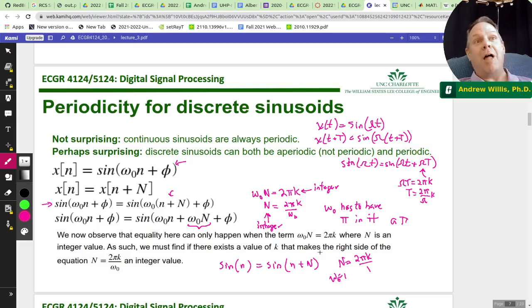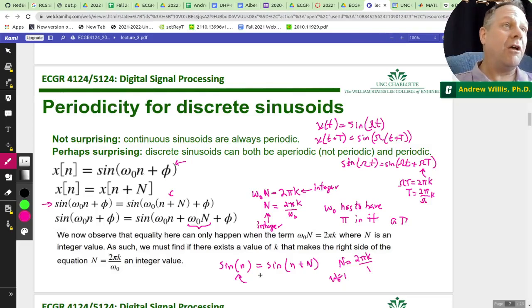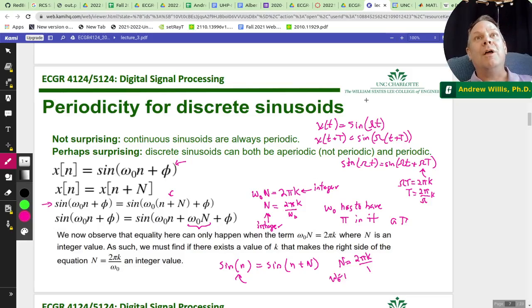So what does this imply? If you take a discrete function, sine of n, it never, ever, ever repeats its sequence of values. It is not periodic. I saw that for the first time and I was like, that's a surprise. So when you sample periodic functions, they're not necessarily periodic, because I can tell you sine of t is periodic, and we talked about it earlier in class.